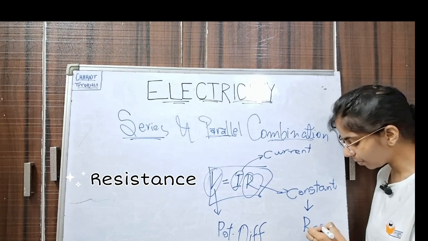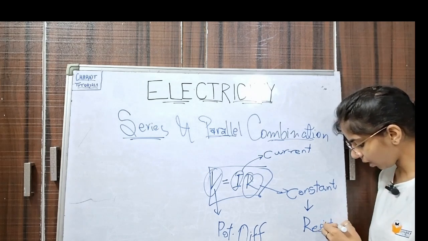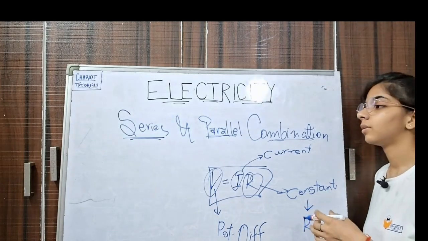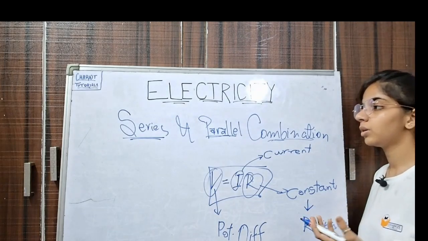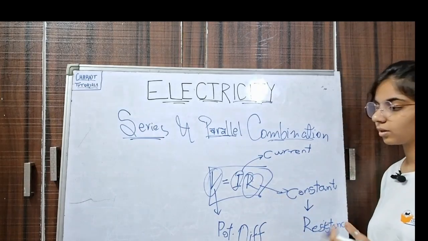Here I am giving you just an overview of Ohm's law, because you should have a very nice knowledge of Ohm's law before going to the topic of series and parallel combination of resistors, because this Ohm's law is totally based on the resistance, right?